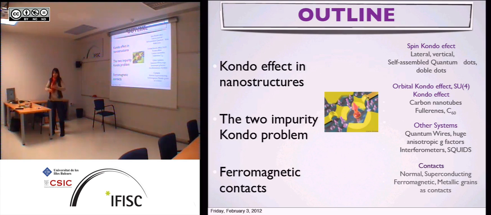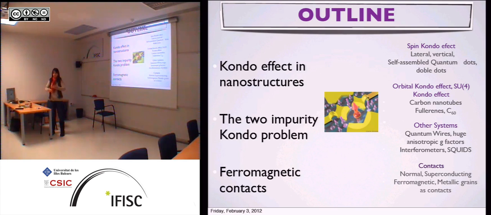So the conclusions are that in the double dot system attached to normal leads, you always have bonding and antibonding Kondo physics, and you can also have an antiferromagnetic-Kondo crossover in serial double dots, which means that you can go from the Kondo phase to an antiferromagnetic spin singlet state between the spins of the two dots.